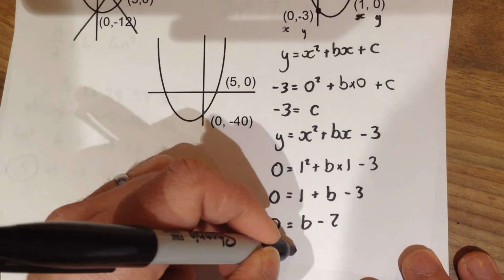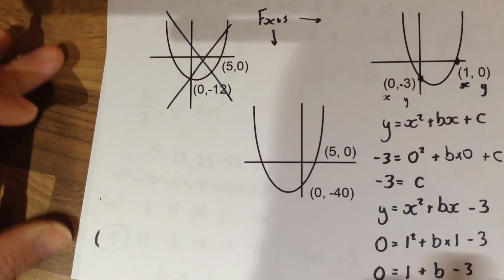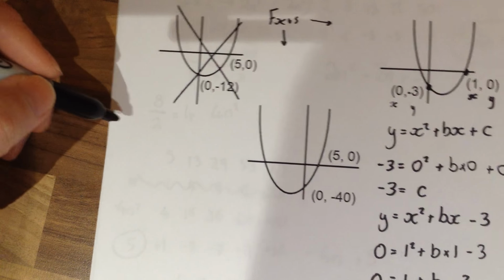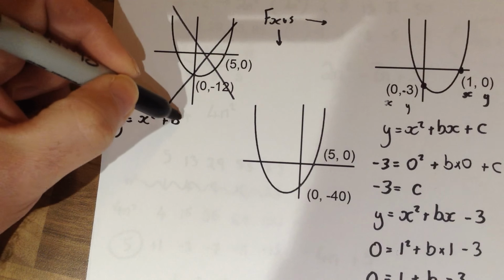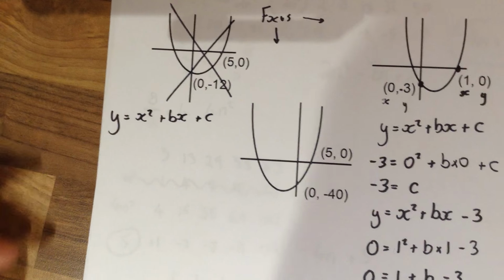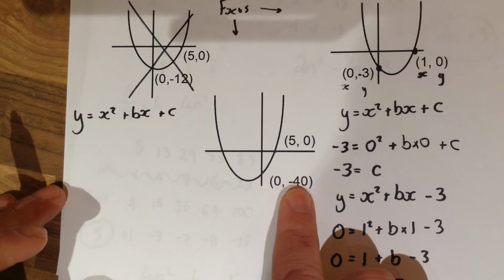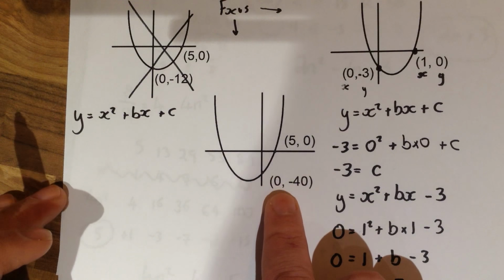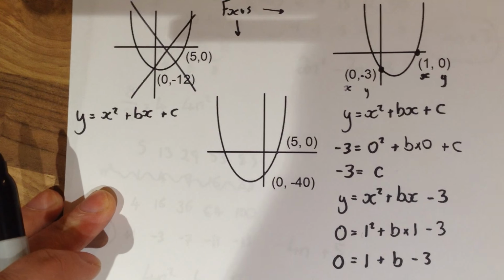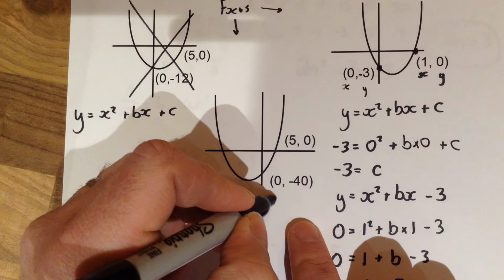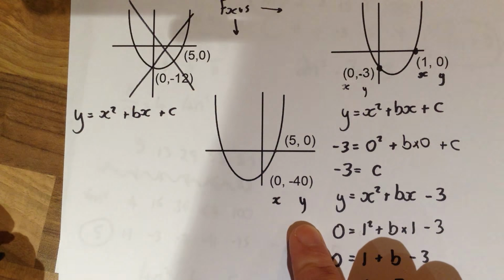I'll do the same with the other equation as well, just so you've got a second example. Again, we get y equals x squared plus bx plus c. This time, as before, I'm going to start with the 0, minus 40. It's just easier to start with the one where x is 0, because it quickly finds out what c is. So x is 0, y is minus 40.